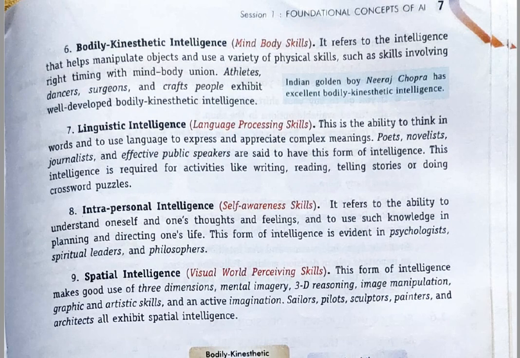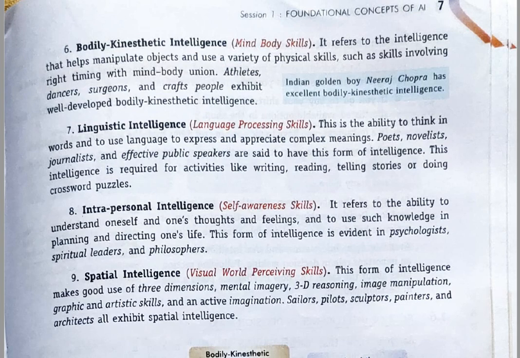And the ninth one is spatial intelligence, or it can be termed as visual world perceiving skills. So, this intelligence makes good use of three dimensional mental imagery, 3D reasoning, image manipulation, graphical and artistic skills.